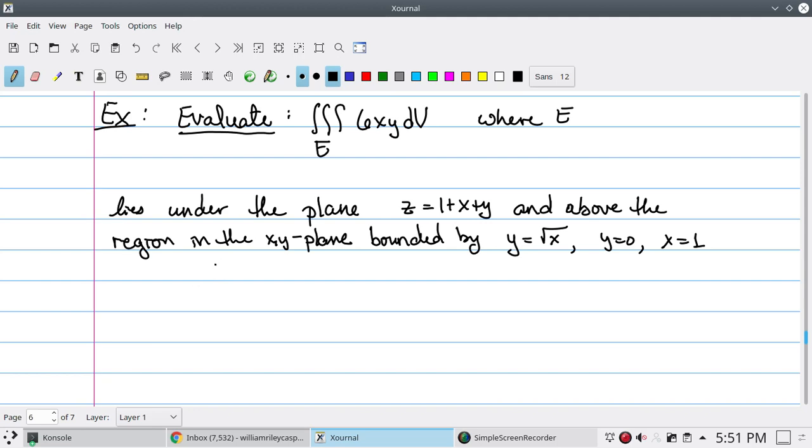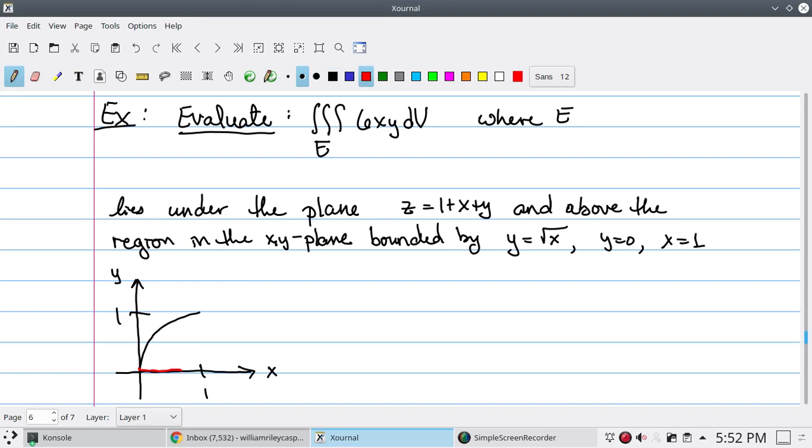This is definitely something that we were doing just before. So let's draw that region first in the xy plane. Let's have some x and y axes. I want to draw the curve y equals the square root of x, which looks a little bit like this, as well as the curve y equals 0, which is just the x-axis.